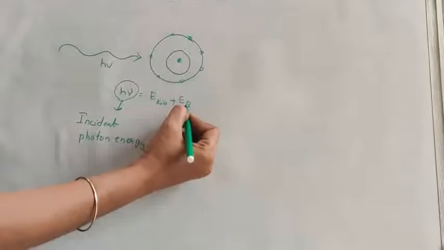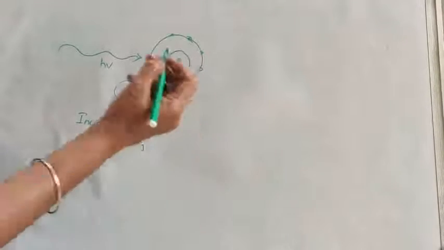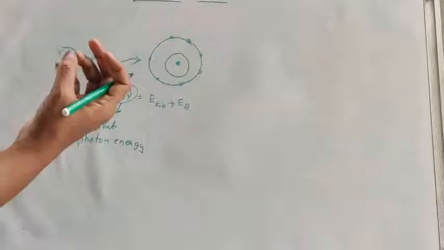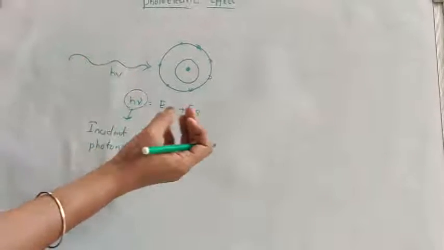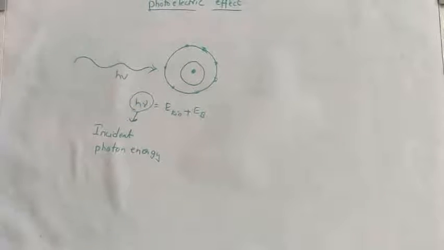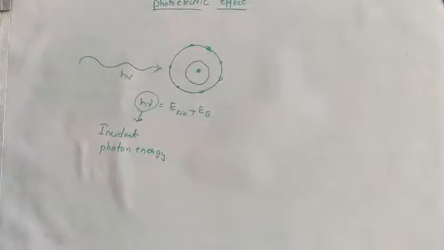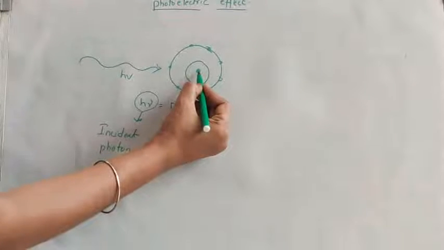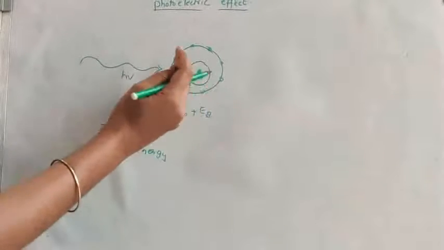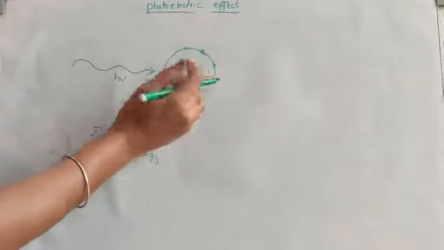What do you mean by binding energy? Already I have told you, the energy required to remove an electron from the system is known as binding energy. We explained the photoelectric effect depending upon the binding energy of the electrons which are nearer to the nucleus and those which are far away from the nucleus.